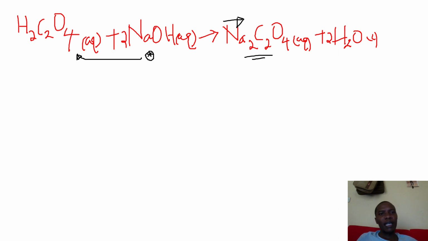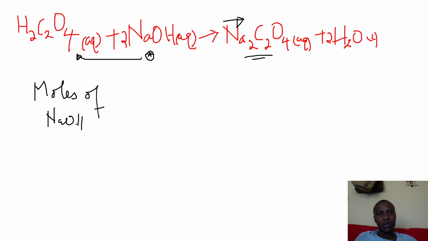Let's start. We've been given that the sodium hydroxide involved is 0.1 molar, and it was 15 centimeters cube. So we get the number of moles of the sodium hydroxide. This one should not always worry you.